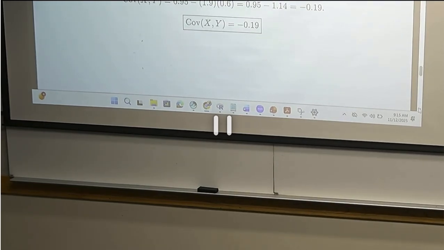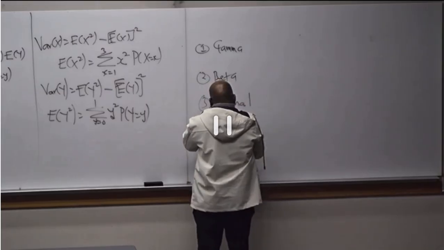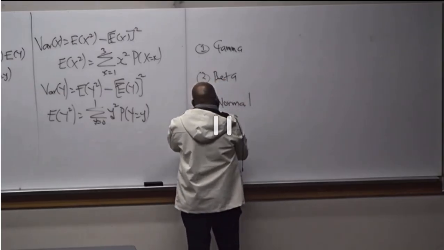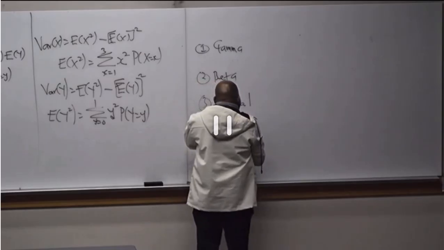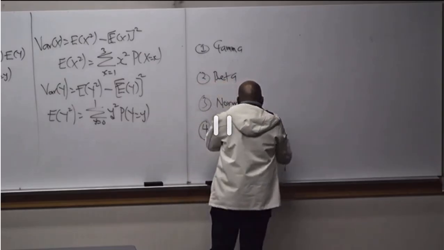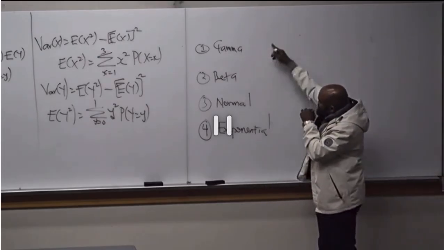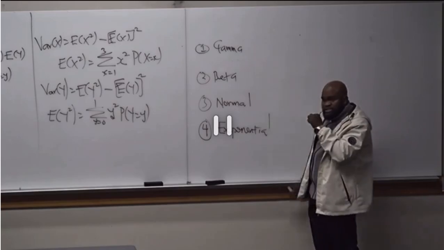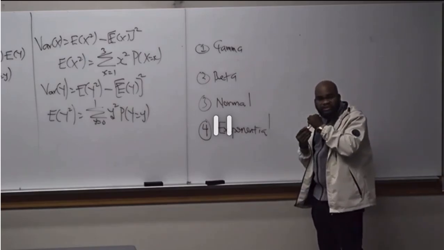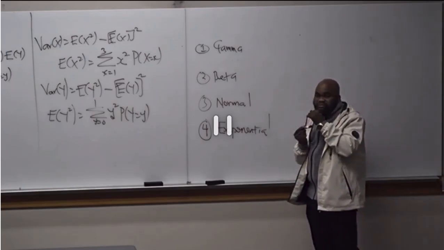One, gamma; two, beta; three, normal; four, exponential. I'm going to give you the moment generating function of one of these, and I will ask you to derive the mean and variance.